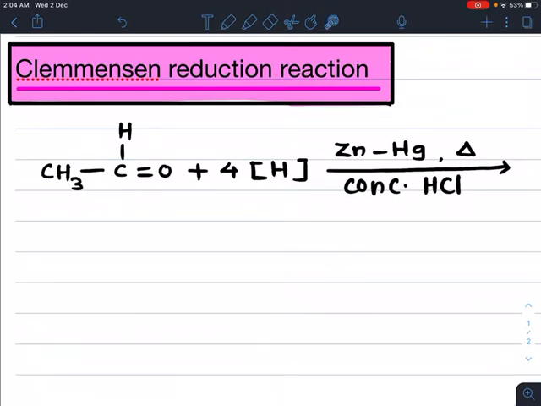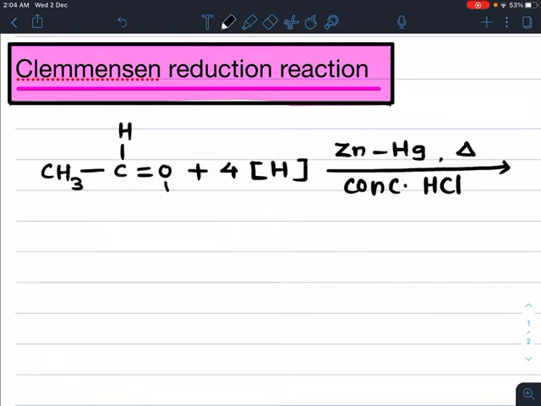So here this oxygen is replaced and 2 hydrogens are added to this carbon. This CO group is converted into CH2, with the removal of oxygen.